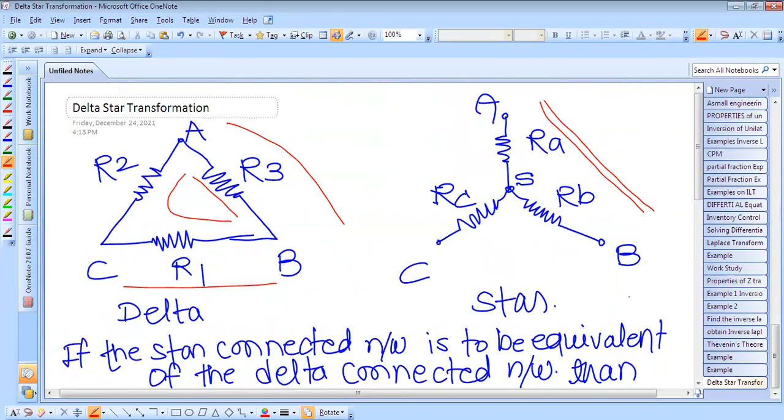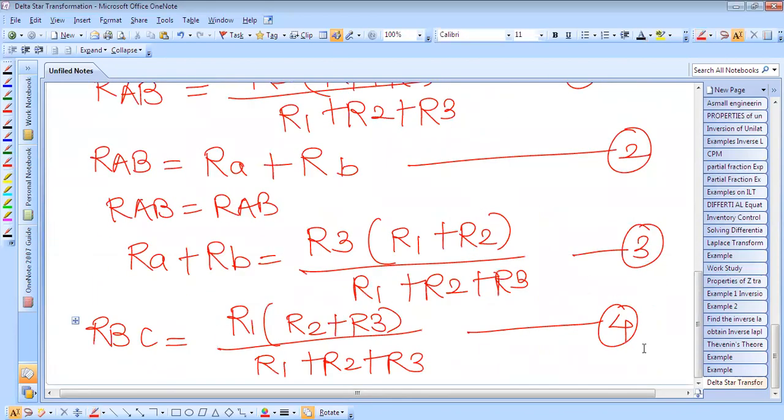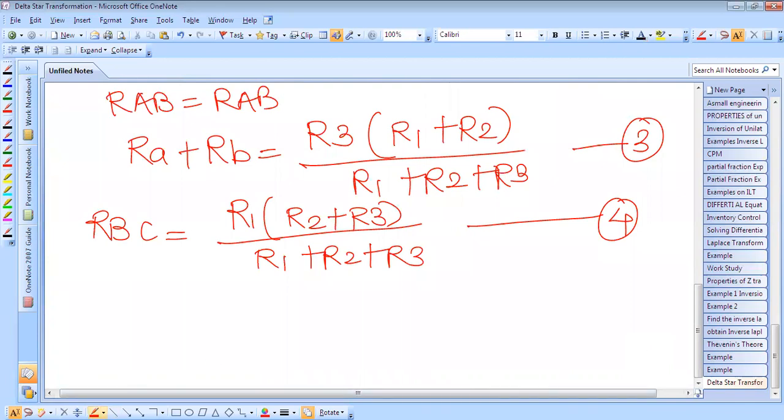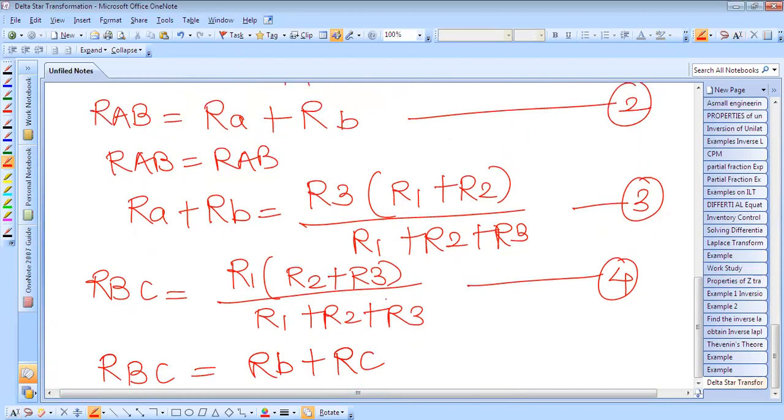Similarly, in the second figure, we have to write the resistance between B and C. It is RB plus RC. So this is equation number 5.